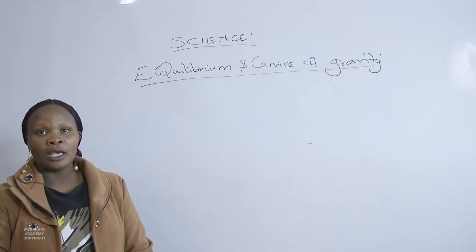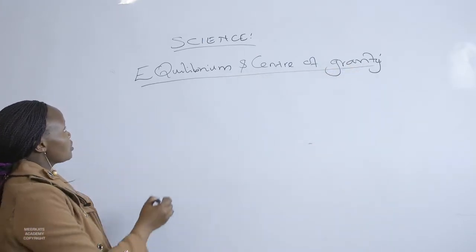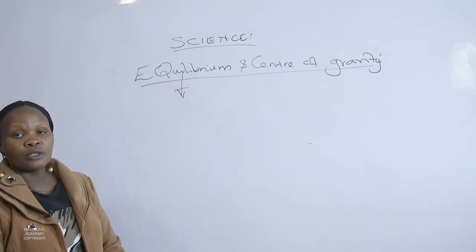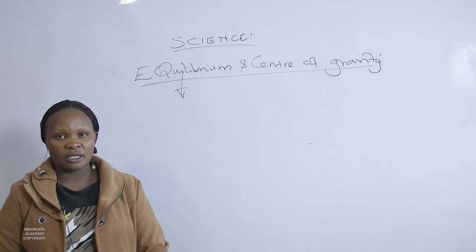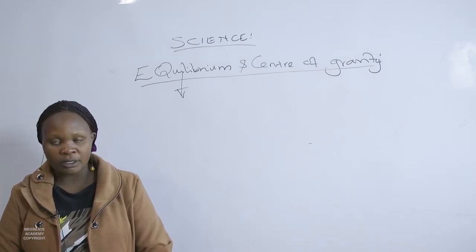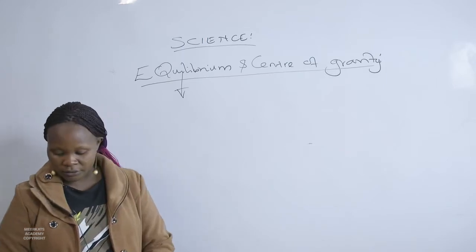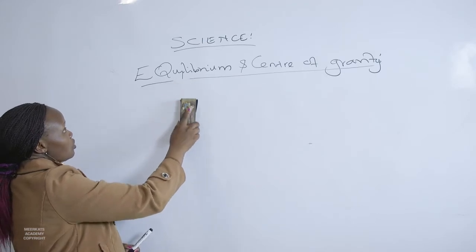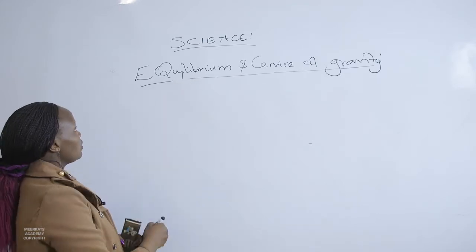Now, equilibrium is not a new term because we have interacted with it in the course of studying moment of force. However, I will still define it because it's of importance when we talk about the center of gravity.